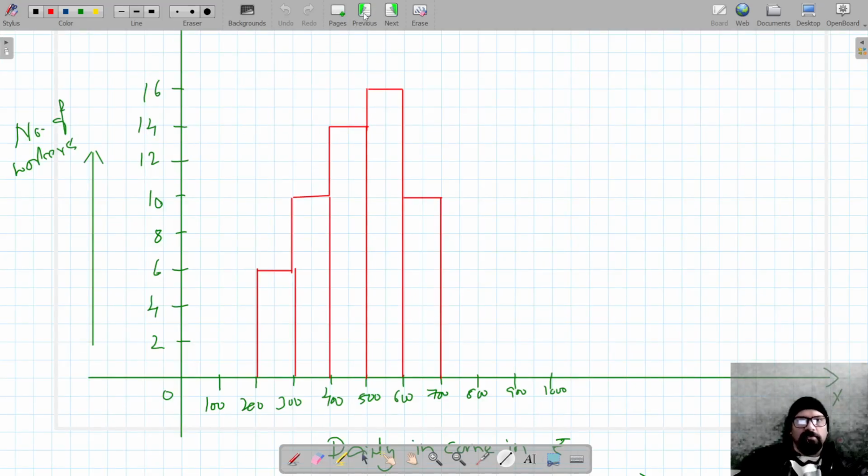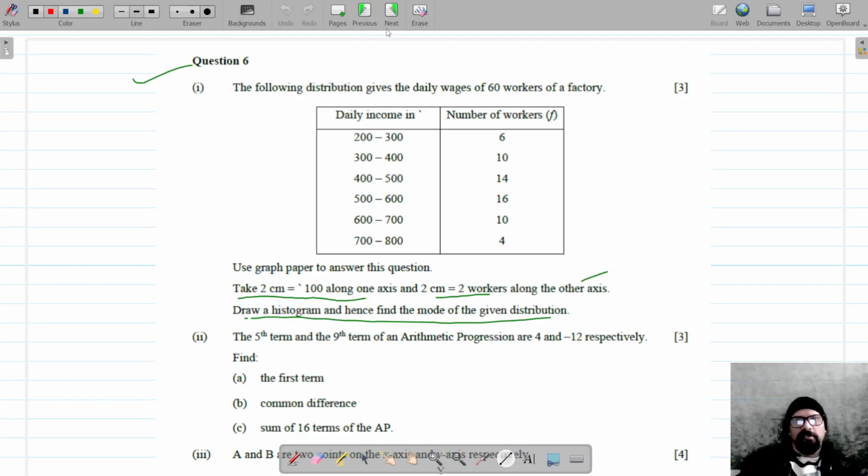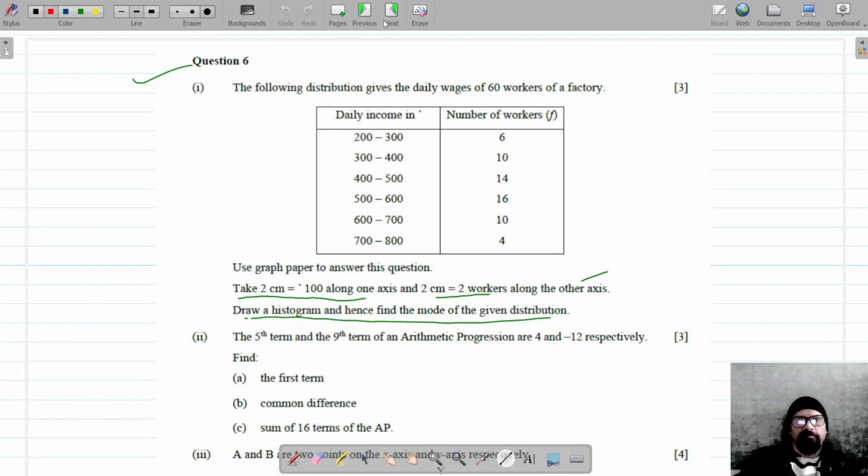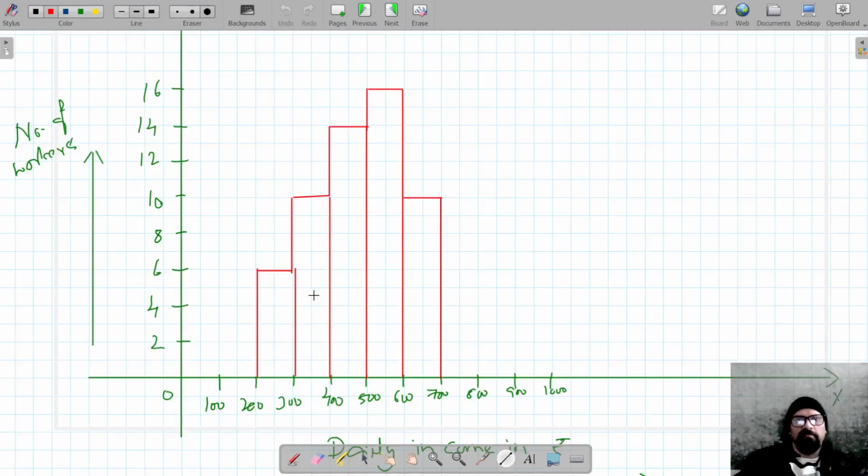Okay, 6, 10, 14 and 16 and then 16, 10 and 4. So 16, 10 and then 4. 1, 2, 3, 4, 5 and 6 is 4.